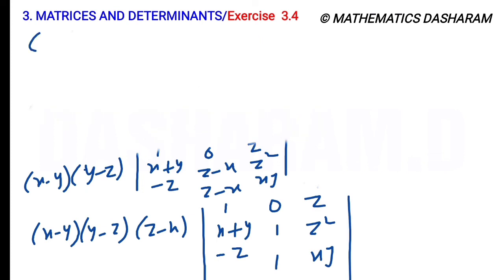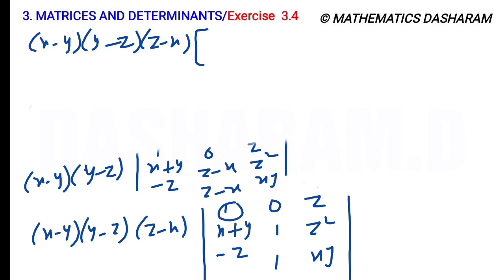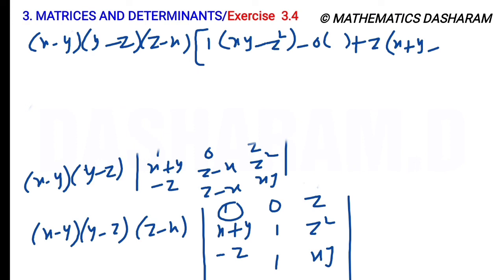So now expand the first row element, y minus z into z minus x. So check the bracket. Here the first element is 1. So 1 into bracket of here xy minus z square, and the second element is 0. So next to third element is z. So x plus y into 1 minus of minus plus z into 1.